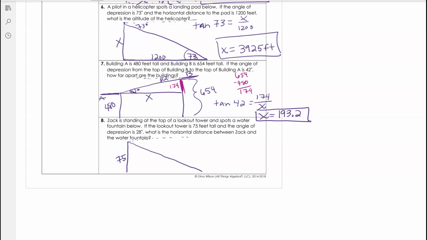So looking down, this is 28 degrees, which means here on the ground, whoops, that almost looks like 280. Let's see if I can't rewrite that. 28 degrees. The question is, what is the horizontal distance?